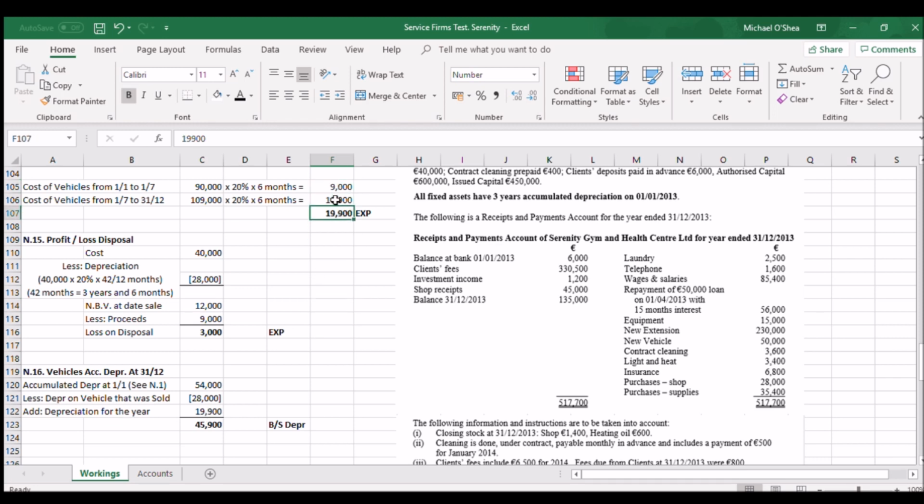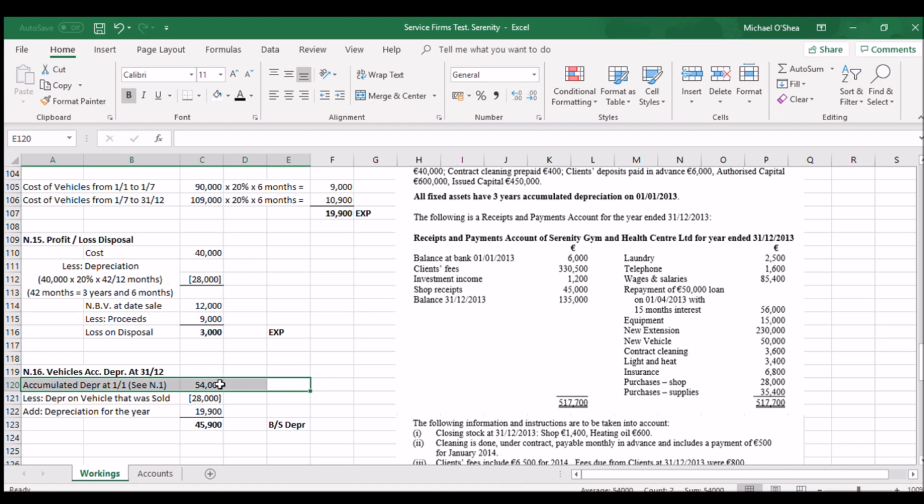Now, just to simplify it and to put three figures together, I'm just going to add the depreciation for the year, and I'm going to add the previous depreciation for the 3 years. Included in those two figures are going to be parts of the disposed vehicle. I know my disposed vehicle had a total of 28,000 depreciation.